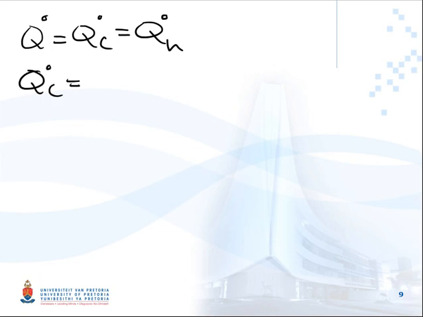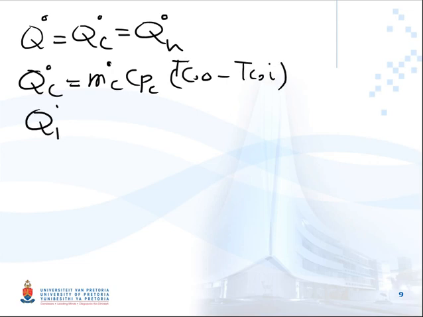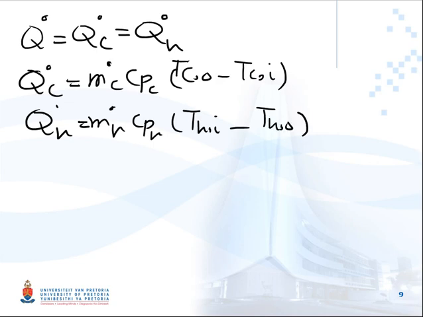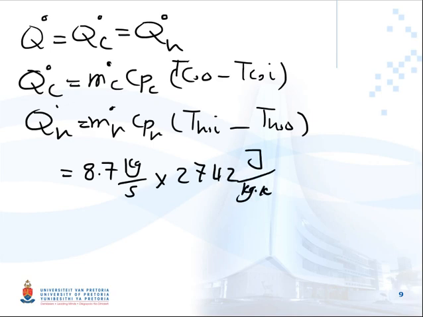So we can either use this correlation or we can use this one, T I minus T O. I use the second one, so 8.7 multiplied by 2742. The answer will be 477,108 watt.